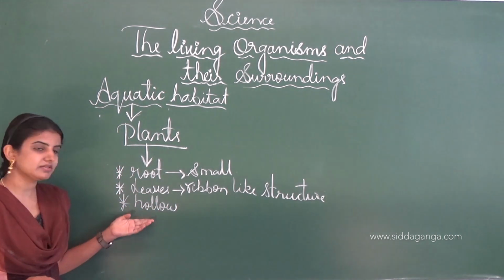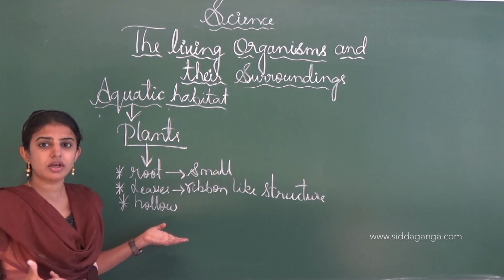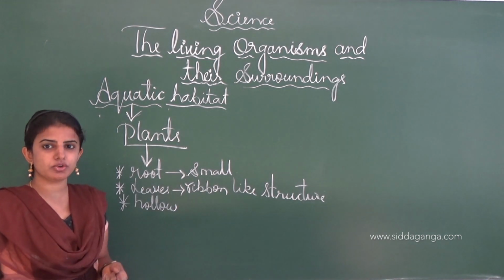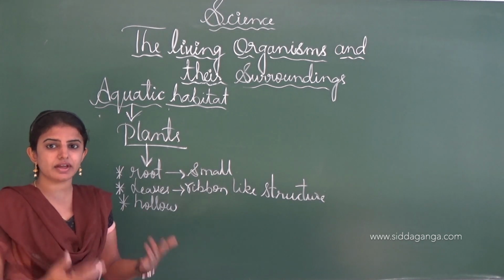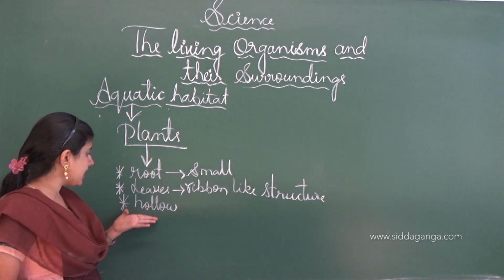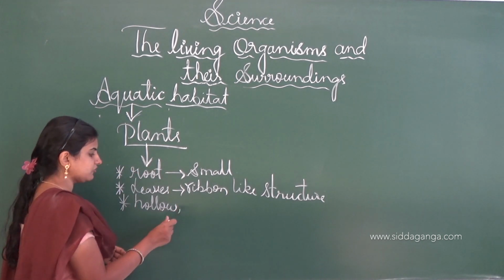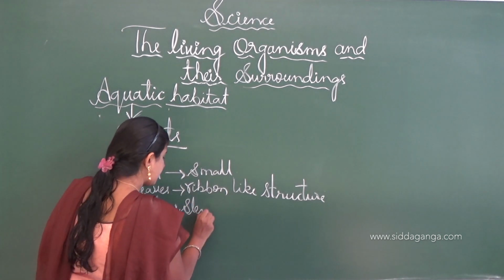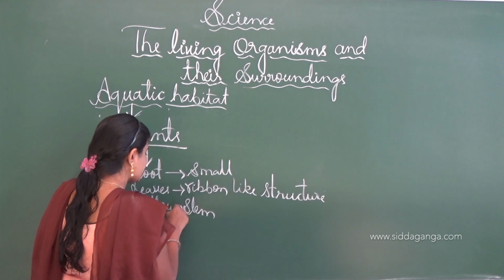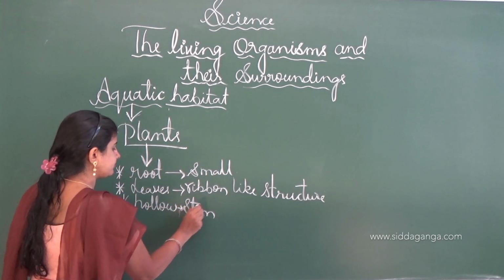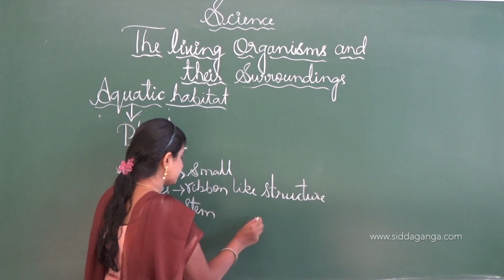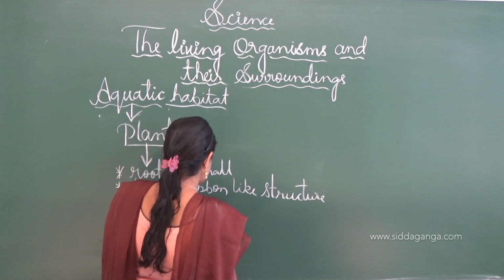This word comes under the bird structure, where the pneumatic bone or hollow bone is present so that they can fly in the air. Like that, plants which are living in the aquatic habitat have a hollow stem, which helps to keep on floating in the water.